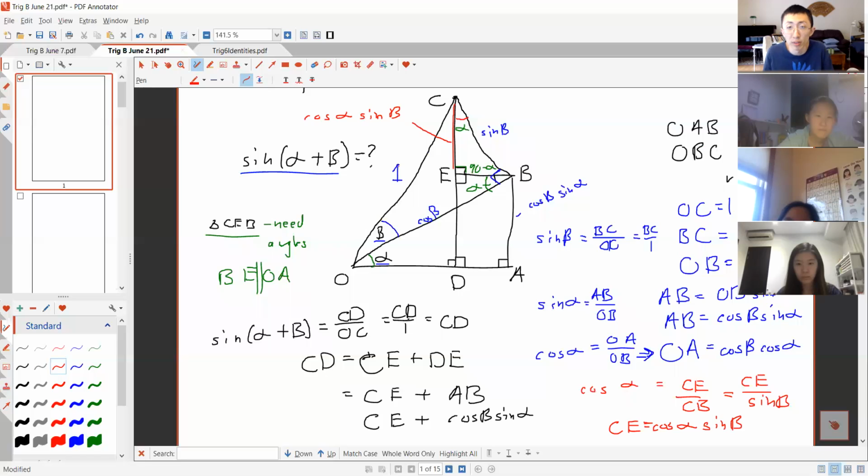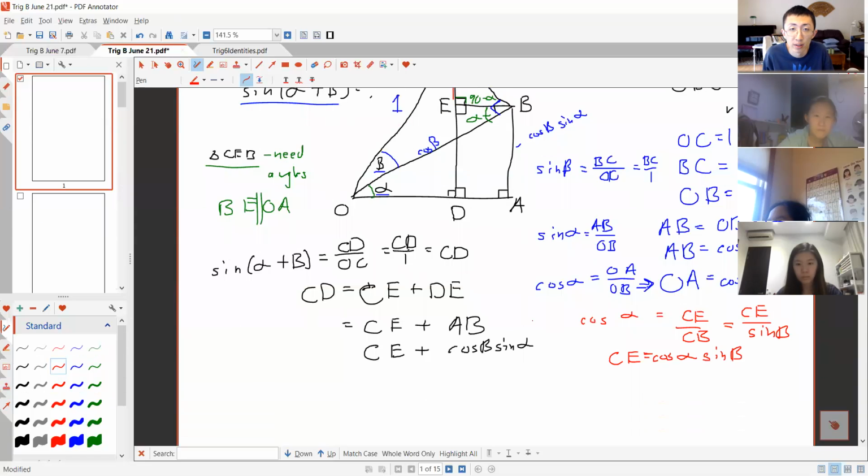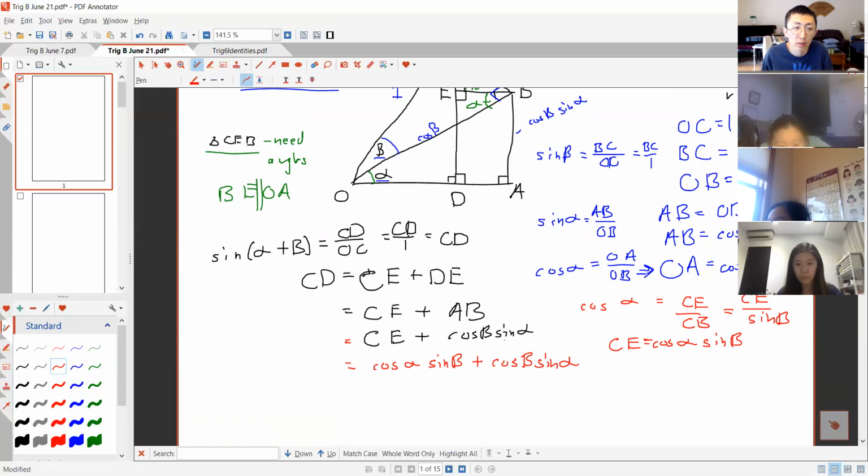So yeah, so we can plug that into this CE. So this is equal to cosine alpha sine beta, and then plus cosine beta sine alpha. So yeah, so that's our addition formula.